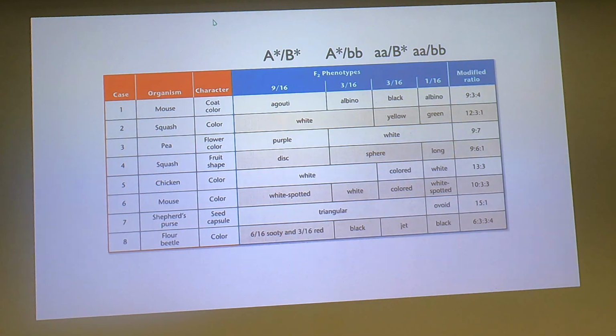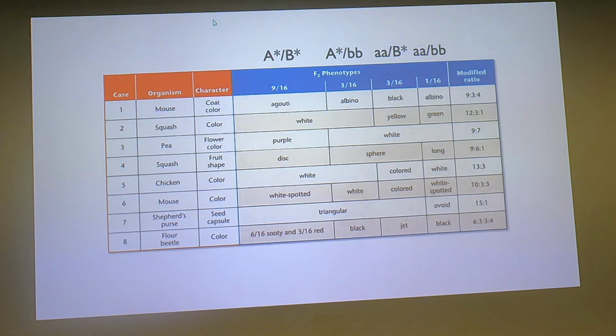So B, for instance, could be the enzyme that makes the pigment, responsible for making the whole pigment. And then the A locus, you see it's recessive here, and there we get all black. Remember, agouti is that distribution of pigment along the length of the hair. So maybe A is responsible for distributing that pigment in a particular way.